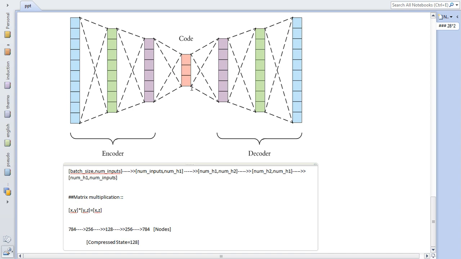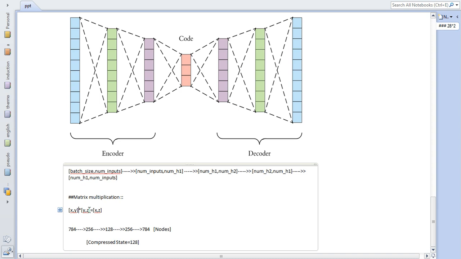Now let's see the matrix multiplication which happens in a basic neural network. Say we have a matrix of x by y dimension, that is the number of rows being x and the number of columns being y. You can multiply it with another matrix which has dimensions y by z, that is the number of rows is y and the number of columns is z.